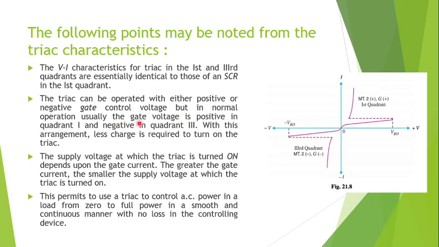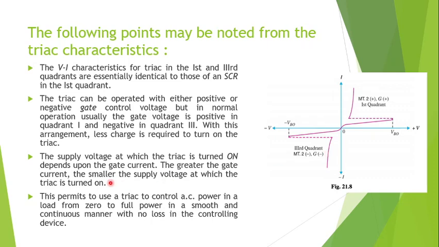But in normal operation, the gate voltage is positive in the first quadrant and is negative in the third quadrant, because with this arrangement, less charge is required to turn on the TRIAC. So depending on the quadrant in which we are operating the TRIAC, we give the gate a positive or a negative voltage so that less charge is required to turn on the TRIAC.